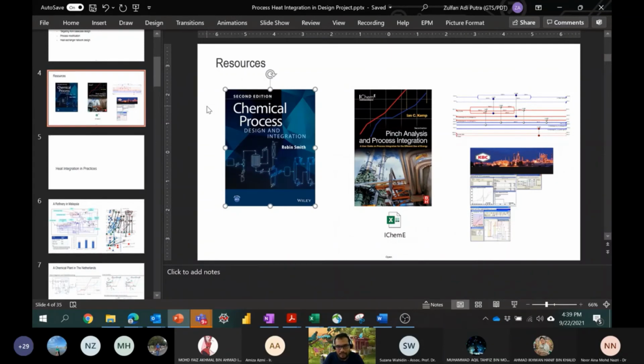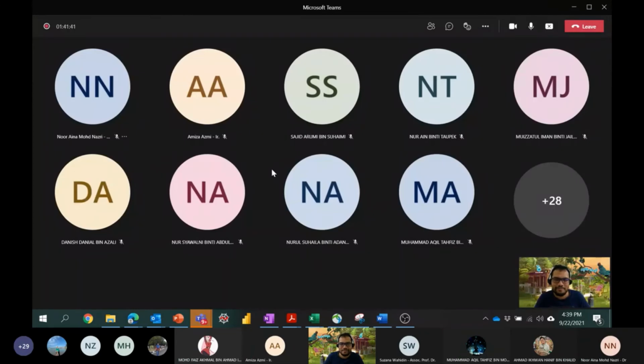At least for me, it helps a lot in making sense of what we had been learning for four years of undergraduate studies. I read this book in my postgraduate studies, and it started to make sense for me why we learn reactors, distillation columns, and how to design them.